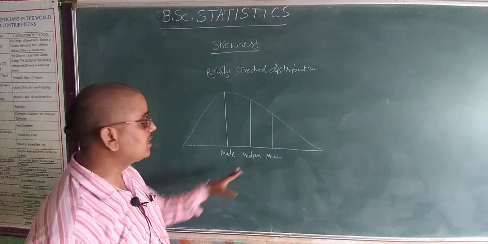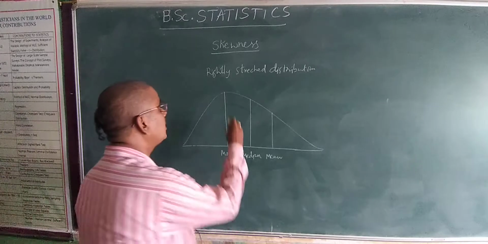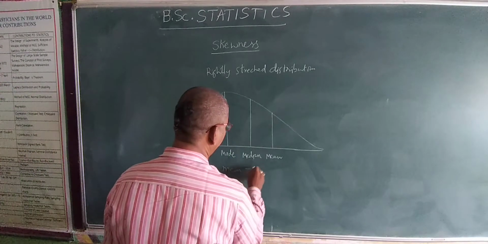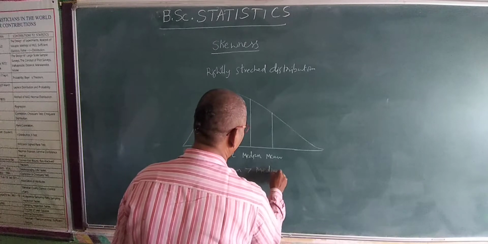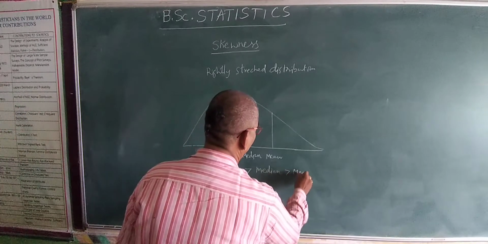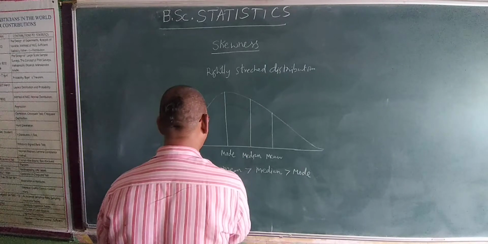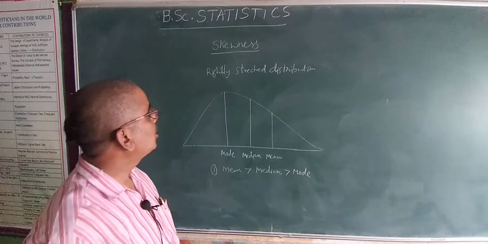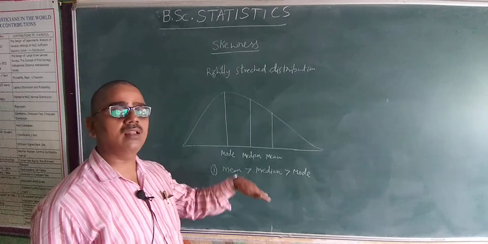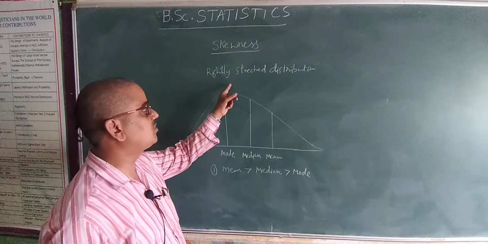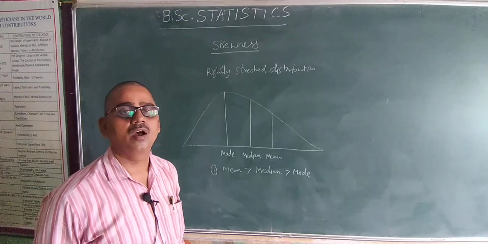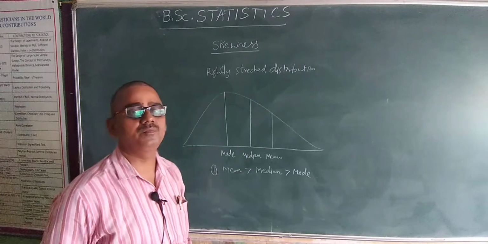So in the rightly stretched distribution, mean is greater than median, greater than mode. This is case 1, which is specified as a rightly stretched distribution or rightly stretched curve.